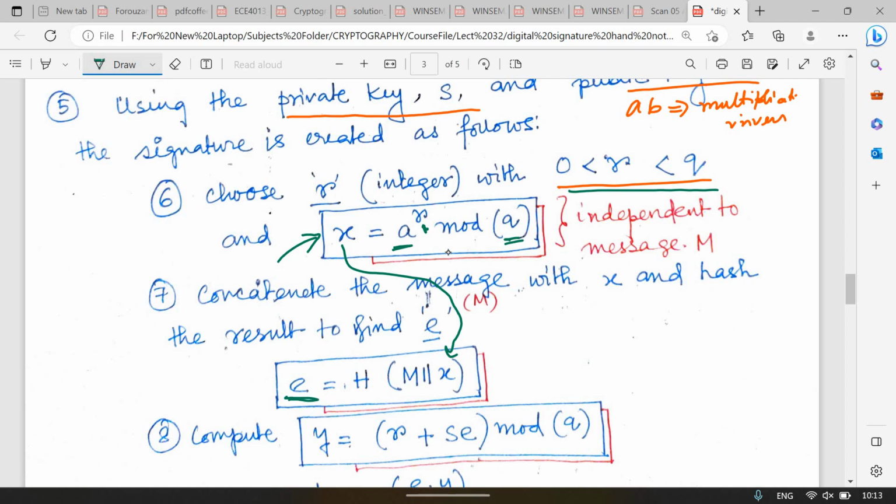You see here, E is the signature. E is the first part of the signature. Remember, we are discussing this post Elgamal, so this is a little advancement over Elgamal. In Elgamal also we had two sets, S1 and S2.